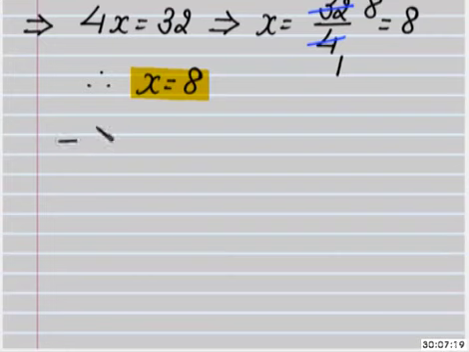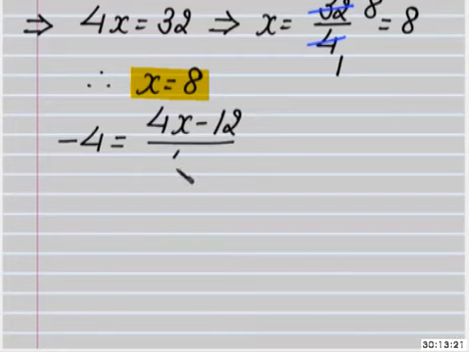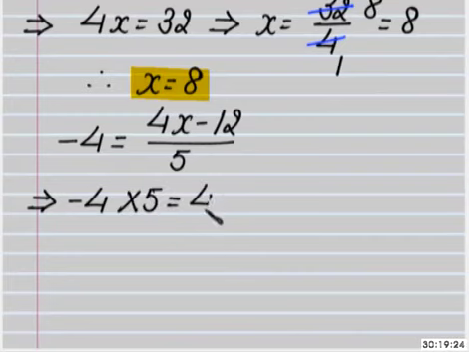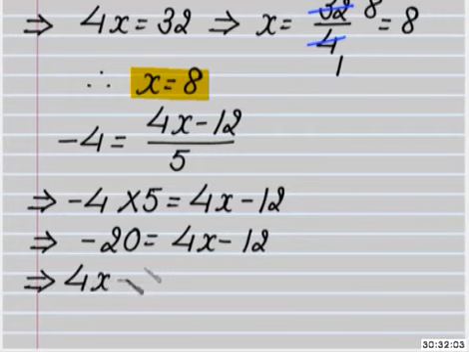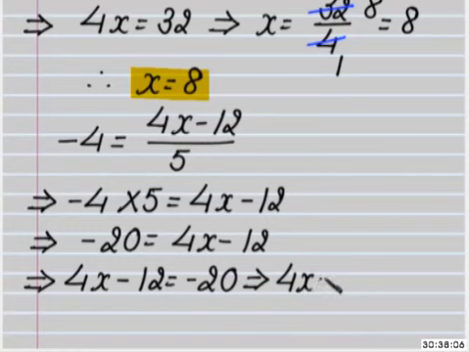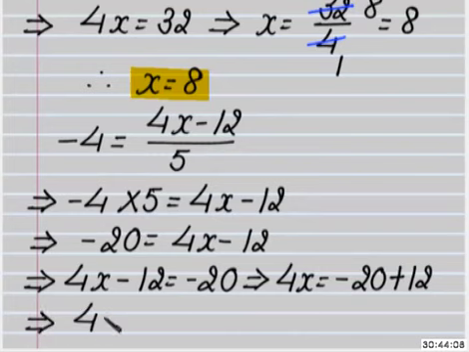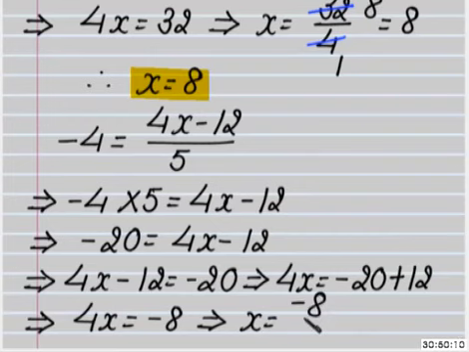or when minus 4 is equal to 4x minus 12 upon 5, implies that minus 4 into 5 is equal to 4x minus 12, further implies minus 20 is equal to 4x minus 12, it can be written as 4x minus 12 is equal to minus 20, implies that 4x is equal to minus 20 plus 12, further implies 4x is equal to minus 8, implies that x is equal to minus 8 upon 4.